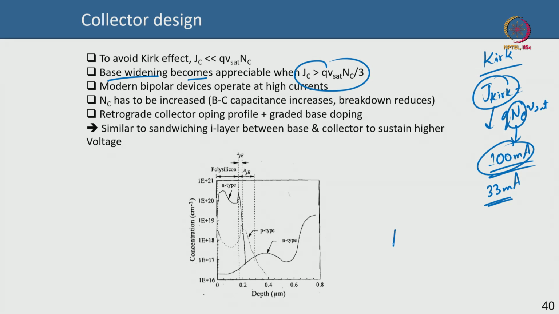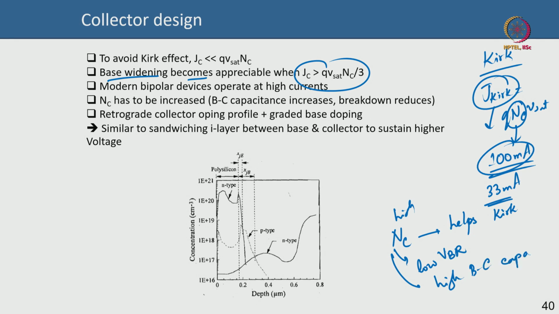So a high collector doping helps push the Kirk effect. But a high collector doping also leads to low breakdown, and it also leads to a high base collector capacitance. If you remember, capacitance goes as epsilon by d, where d is the depletion thickness.